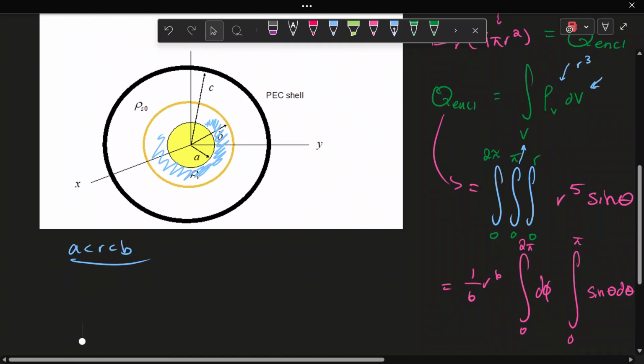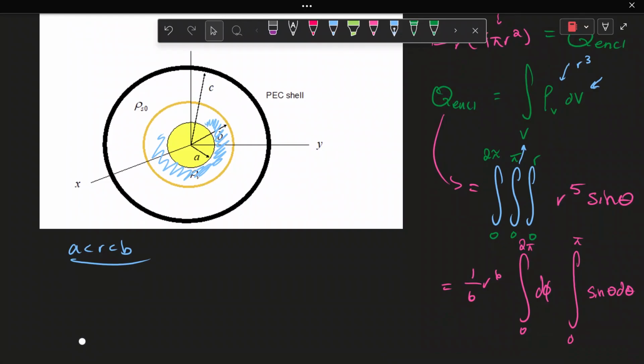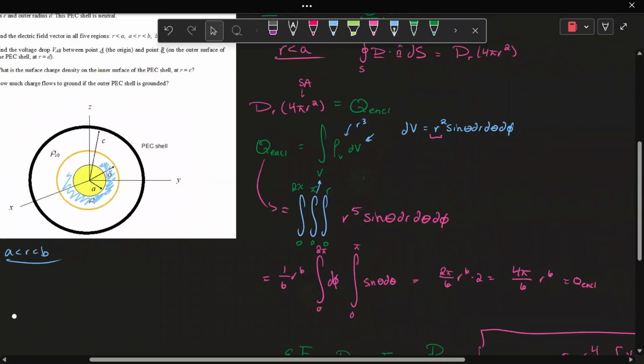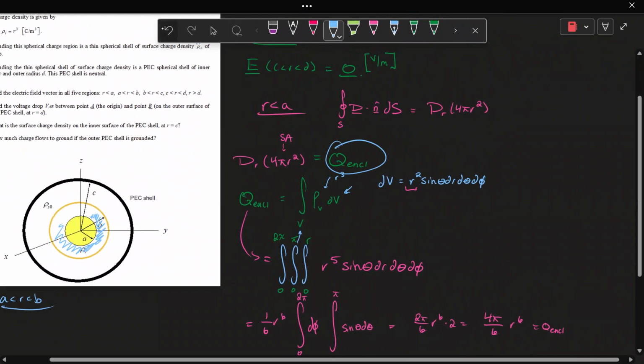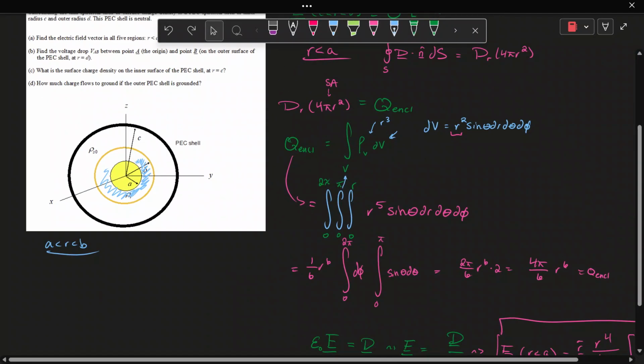One thing to ask whenever you're doing these types of problems is, has there been an additional charge or charge density introduced into that region? Enclosed in that region, not outside, but enclosed, because that's what it depends on, right? The Q enclosed. For a sphere, this never changes.